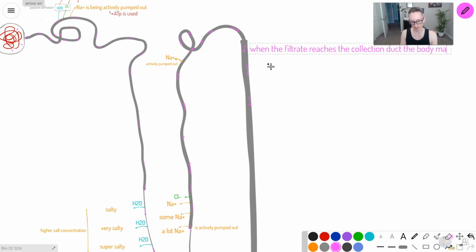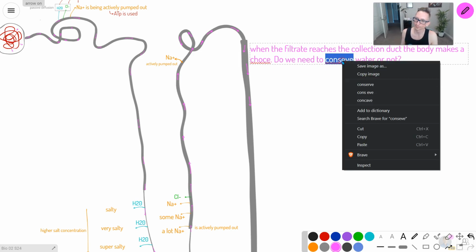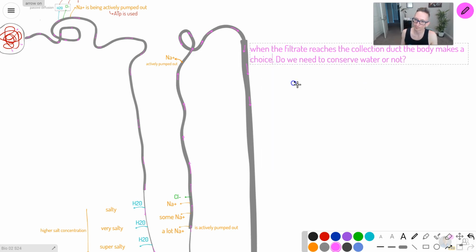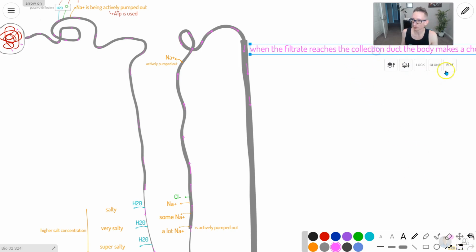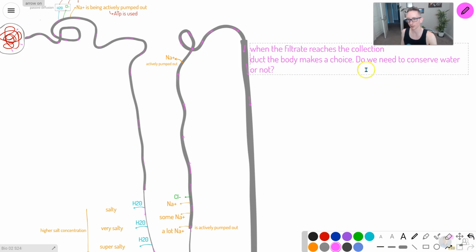The body makes a choice. Do we need to conserve water or not? If we do need to conserve water, we're going to want to save this water.